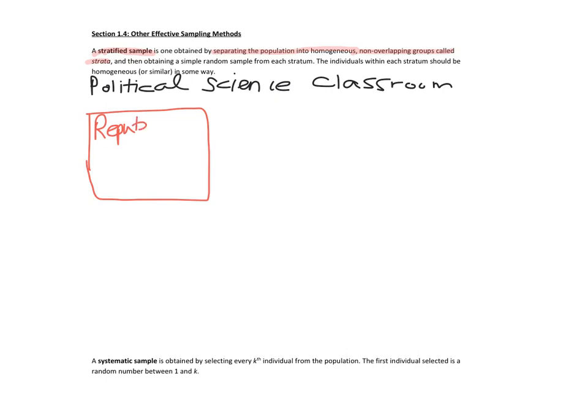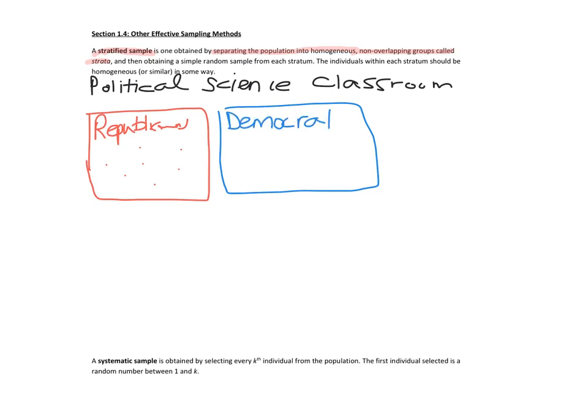So we'll separate, let's say, Republicans. Let's say the dots are the students that are Republican. Then we can separate them into Democrats. And then the dots are the students that are Democrats. And then we'll just have an other category, like your independents, independent party, all that stuff.